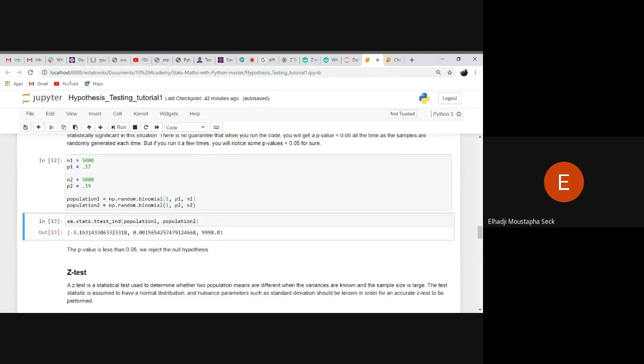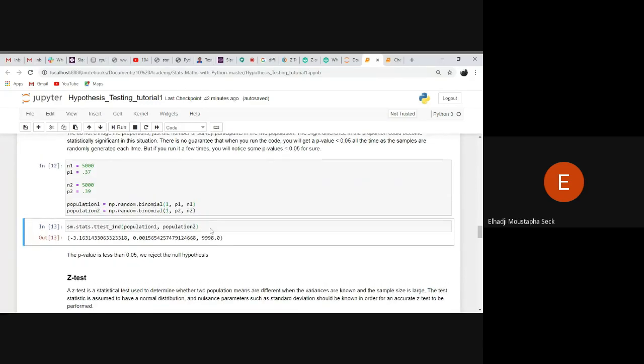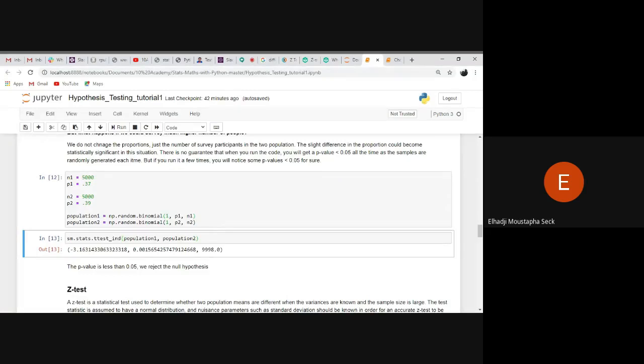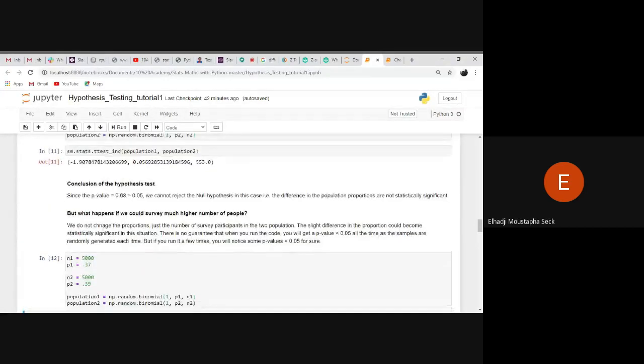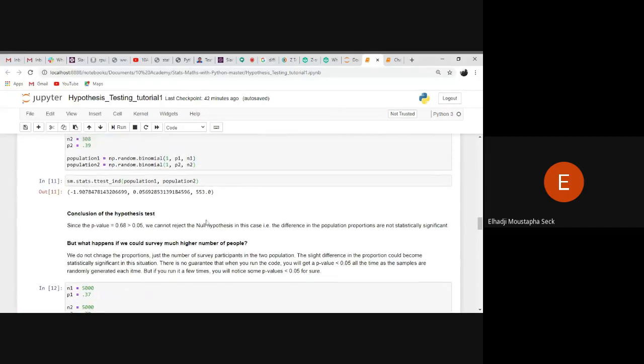That takes me to the z-test. You might see that z-test and t-test are similar, but the z-test is used if the sample is large, for example more than 30. If you have a very big sample, most of the time we use the z-test, while we mostly use the t-test when we have a small sample.